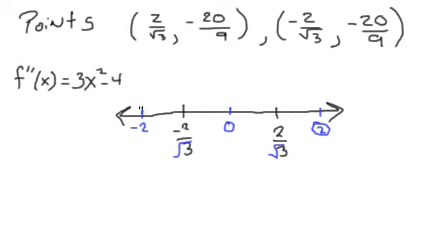So if I take negative 2 and plug it directly in, negative 2 squared is 4. 3 times 4 is 12, and 12 minus 4 is a positive number. And so that's positive, so we know that this is going to be concave upward.